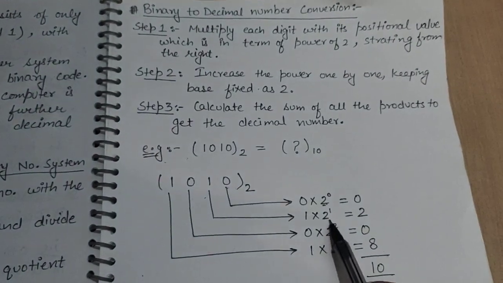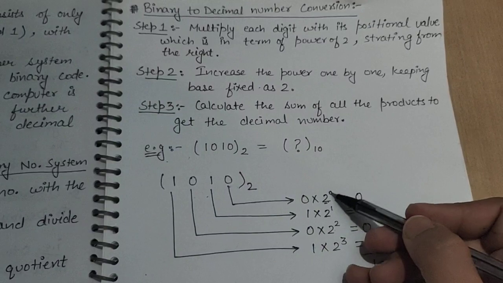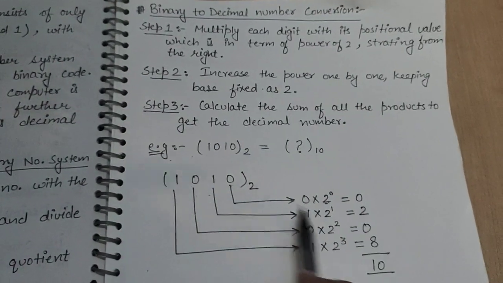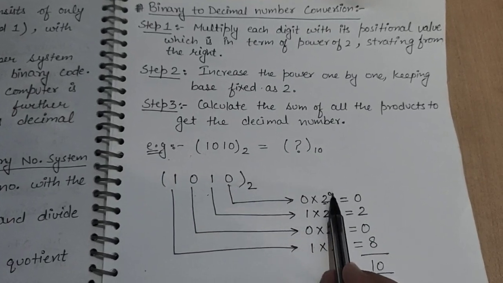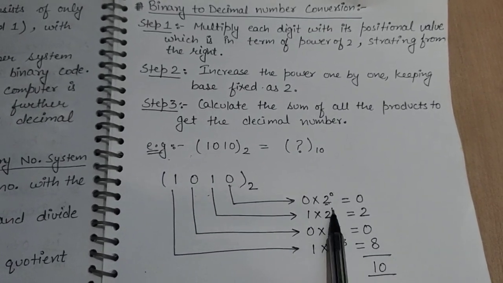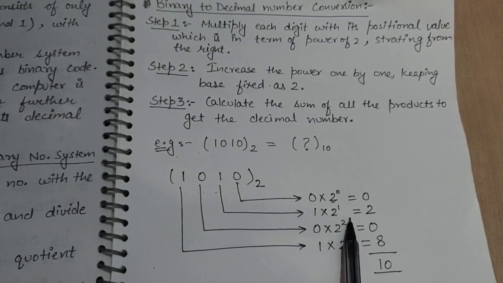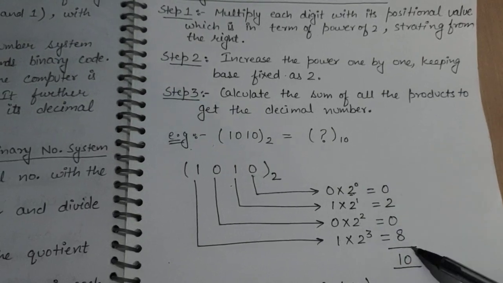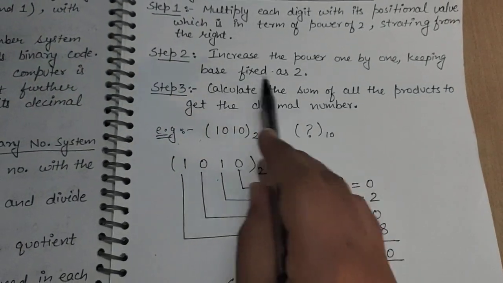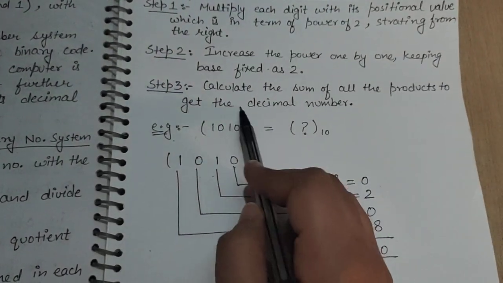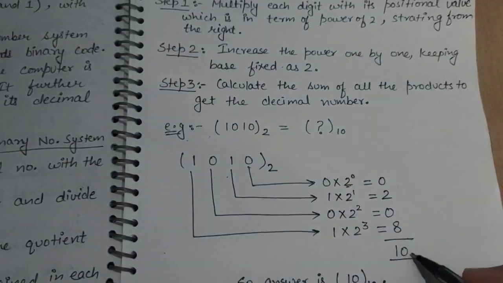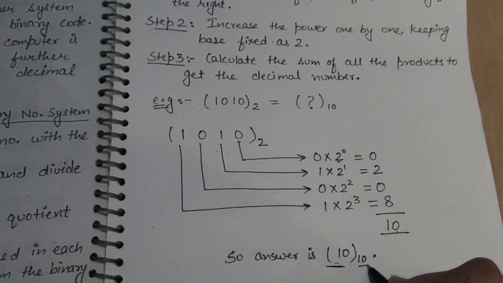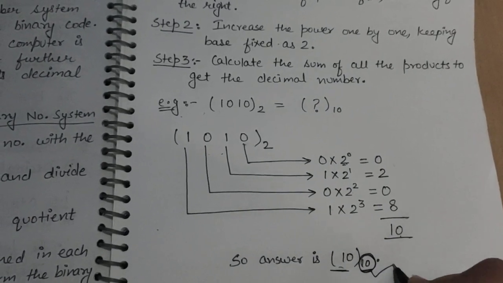So here our base is fixed, that is 2, and we are increasing the power 1 by 1: 0 1 2 3. Okay, 0 into 2 की power 0, 1 into 2 की power 1, 0 into 2 की power 2, 1 into 2 की power 3. Now we will solve these multiplications, and at last we will calculate the sum of all the products to get the decimal number. So their sum is 10, and our answer is 10 with its base 10, that is decimal.